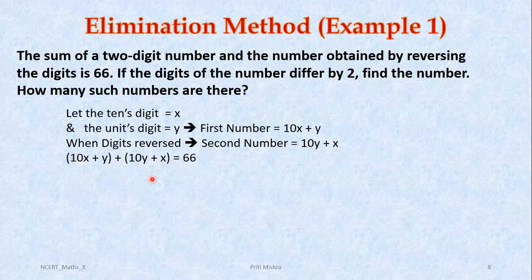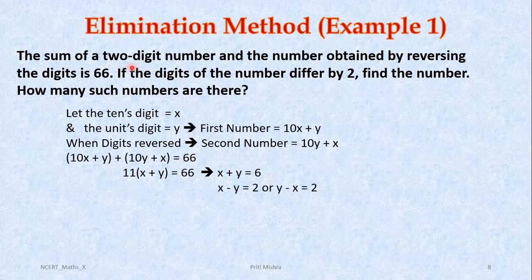Now 10x plus x gives us 11x and y plus 10y gives us 11y. So the equation will be 11 into (x plus y) is equal to 66. Now this 11 will be transferred to the denominator. Then after division, we have x plus y is equal to 6. So this is our first equation.